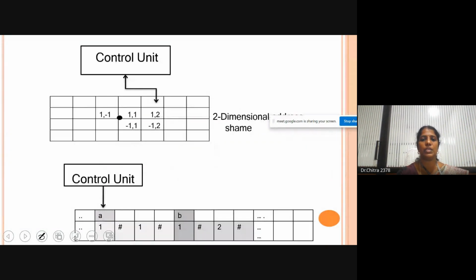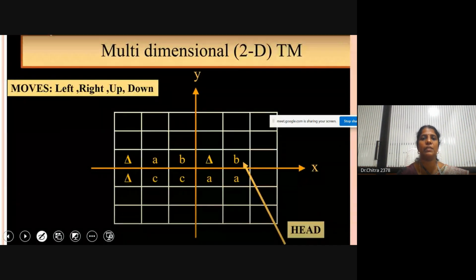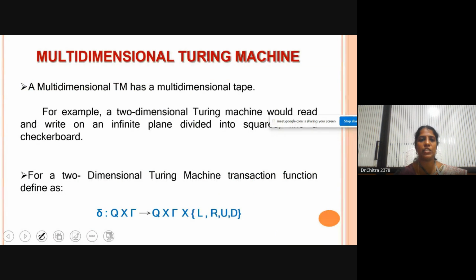And the next one is the multi-dimensional Turing machine. Generally, the Turing machine can move in the right direction or the left direction. In the multi-tape Turing machine, n number of heads and n number of tapes are there.